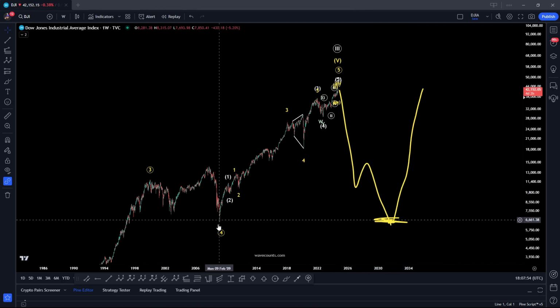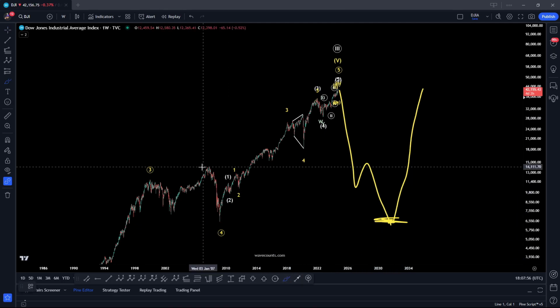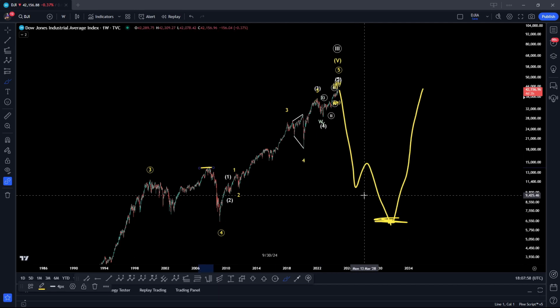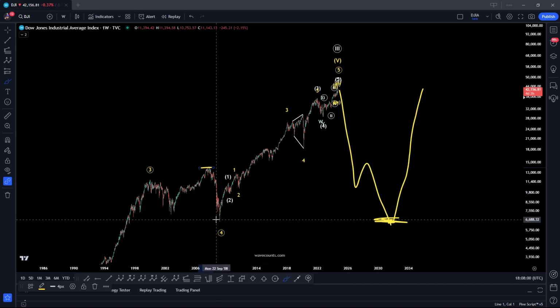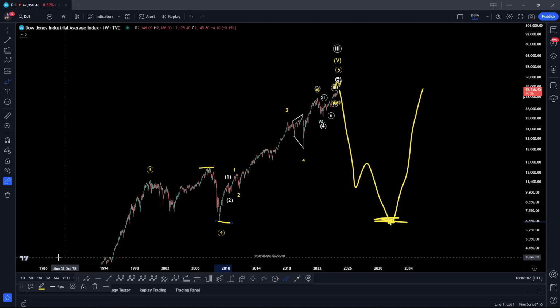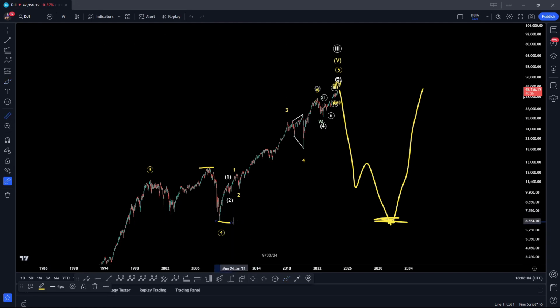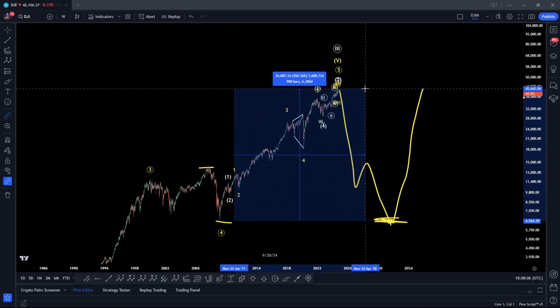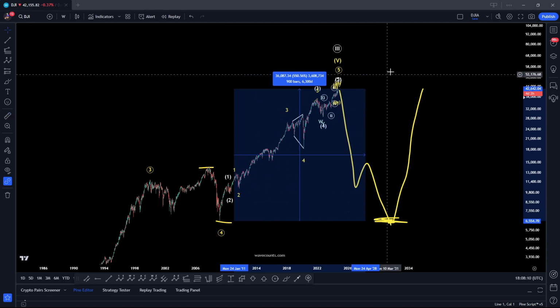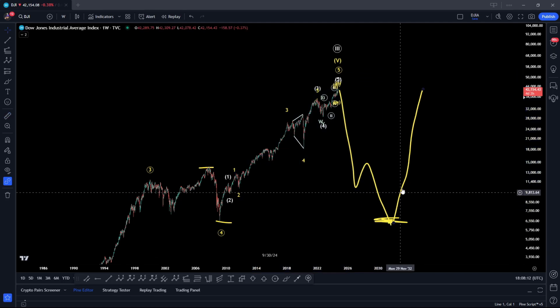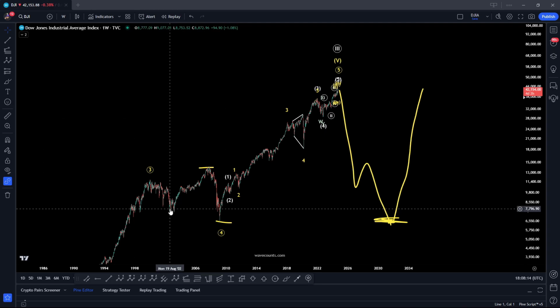Which is the same thing you did here. So if you sold here like you're supposed to, and then the 2008 crash happened and you bought here, right? What did you do? You 5 times your money to this point. And that's what you want to do, and a whole lot more.